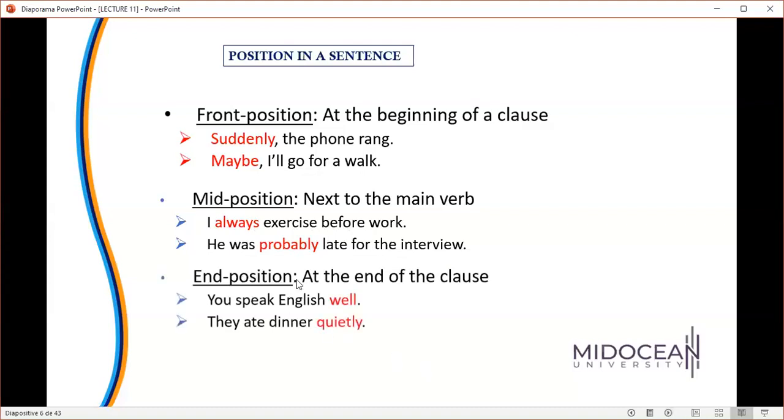And position now. So here you have the adverb at the end of the clause. Okay, the adverb is, of course, written here in red, as you see. You speak English well. So well is an adverb. They ate dinner quietly. Okay.